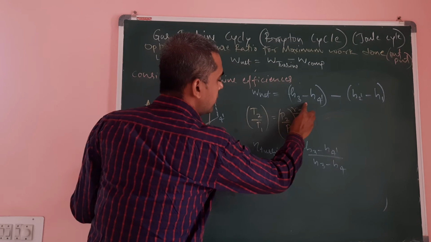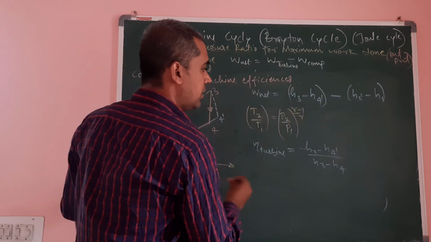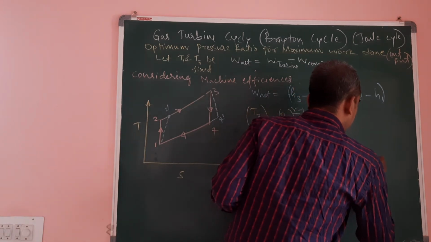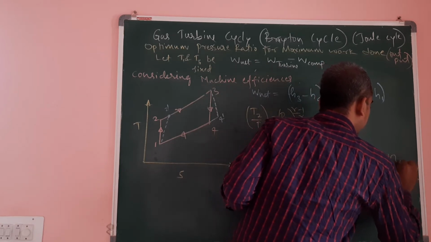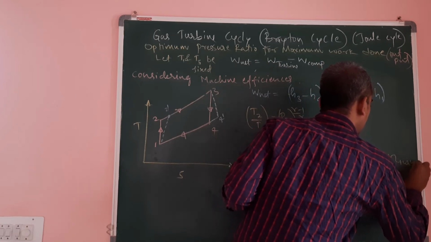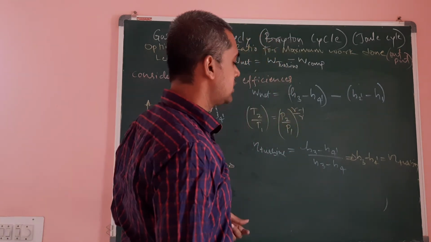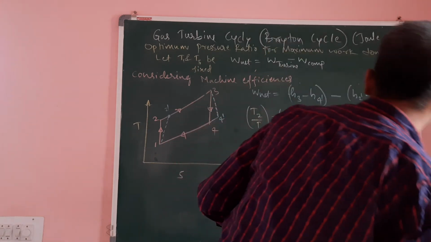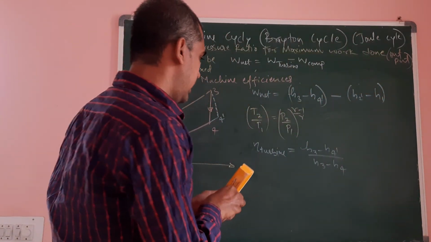Therefore, what we need here is H3 minus H4. So H3 minus H4 dash is equal to turbine efficiency into H3 minus H4. There is no space, so I will rub here and write it here.